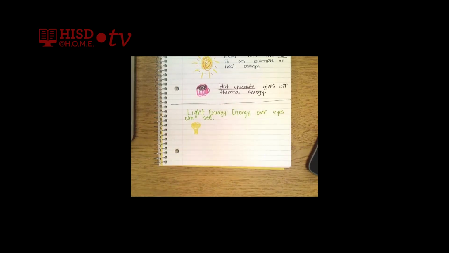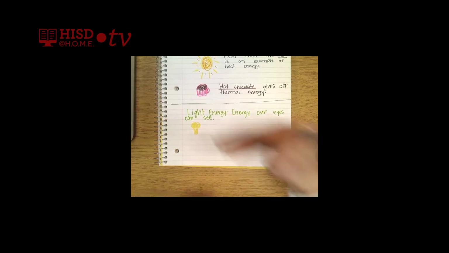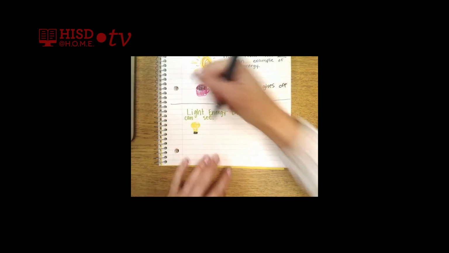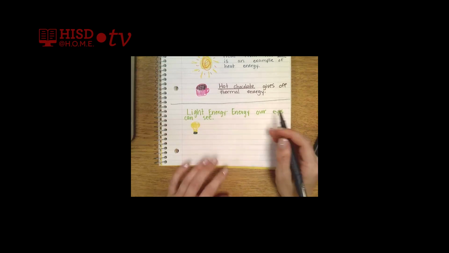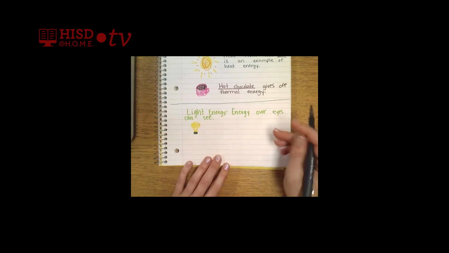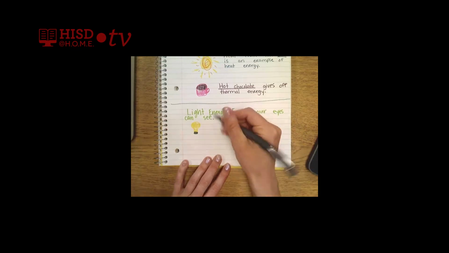It's a light bulb. We usually have a little silver part right here for the electricity. Light bulbs that are on and showing light are an example of light energy.